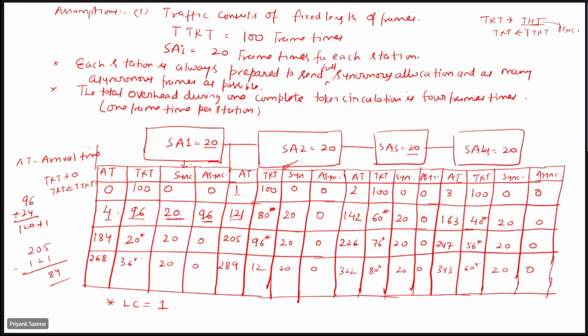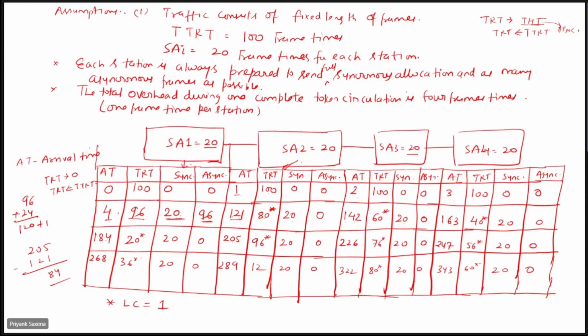Its value is always higher than Dmax, that is the amount of time propagation delay to cover the complete round of the ring, plus Fmax. Fmax is the amount of time to release a maximum length frame of 4550 bytes. Then token release time, amount of time to release a token in the ring, plus the synchronous allocation of all the stations.